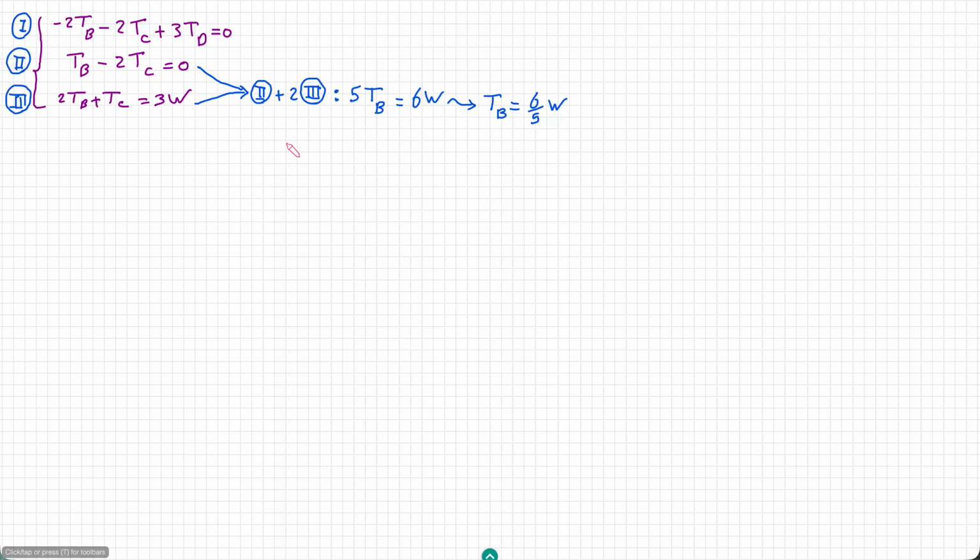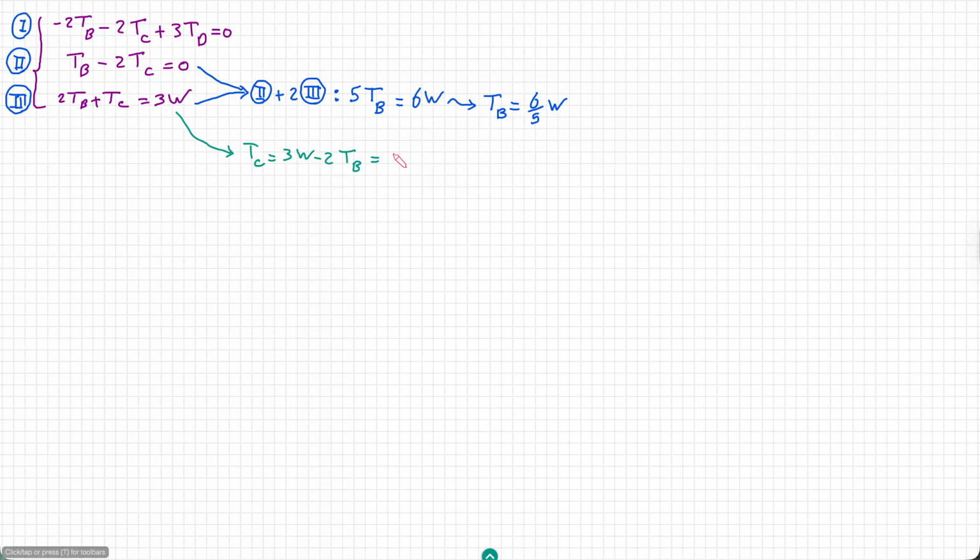After finding TB, from equation 3, I can isolate TC. It is 3W minus 2TB.